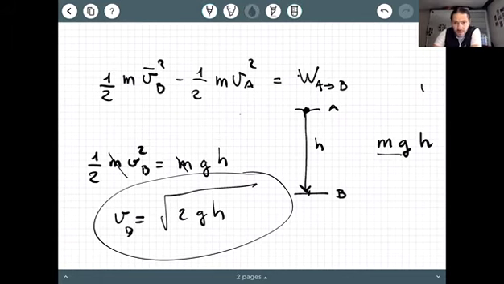The second concept I want to work on and elaborate on is the concept of potential energy.